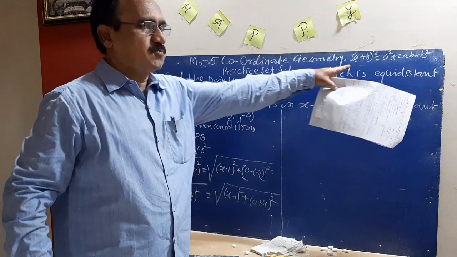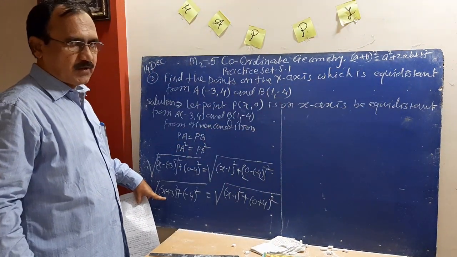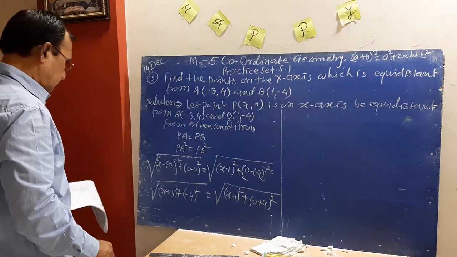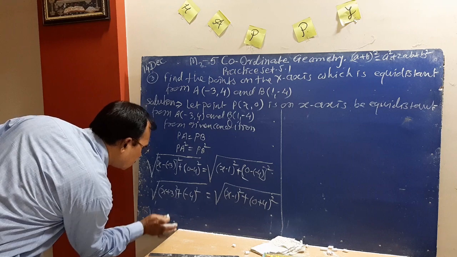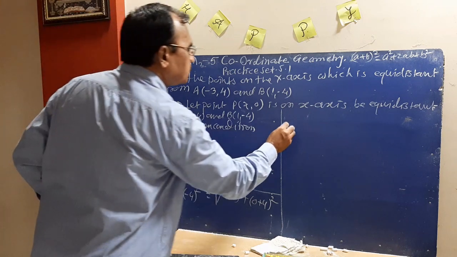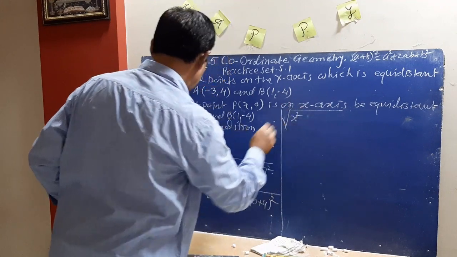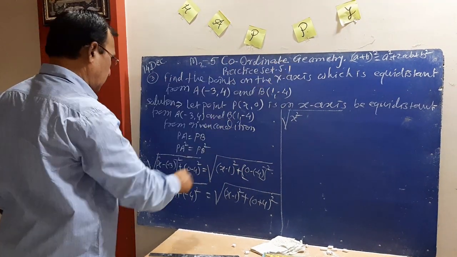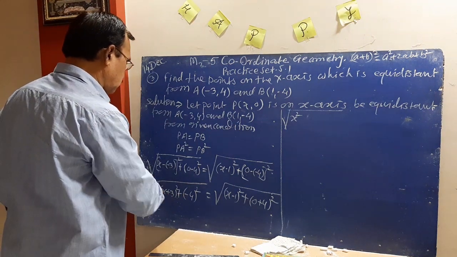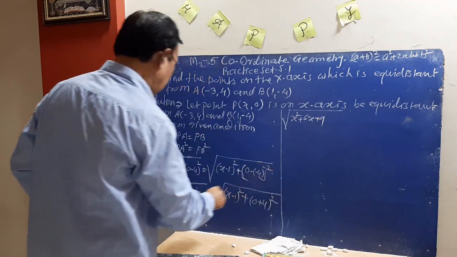With the help of this formula, we can expand (x plus 3) bracket square: x square plus 2 times 3 is 6x plus 9.